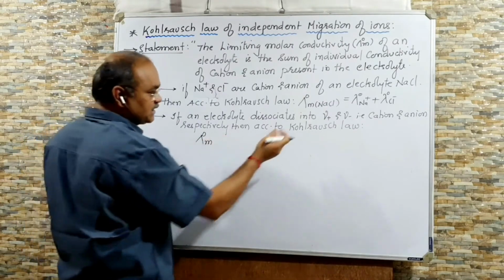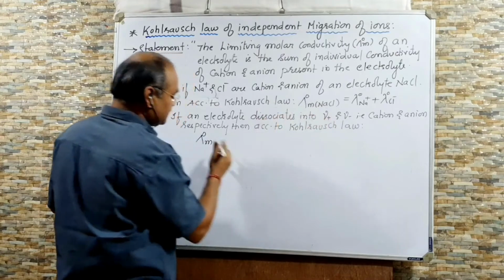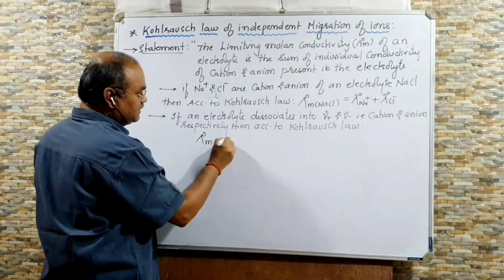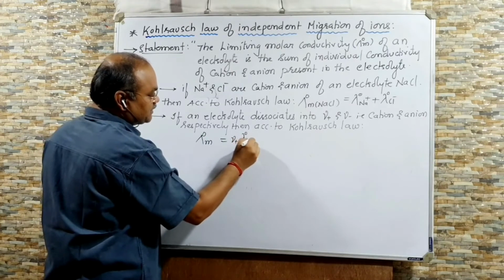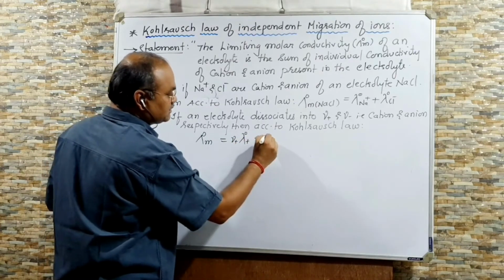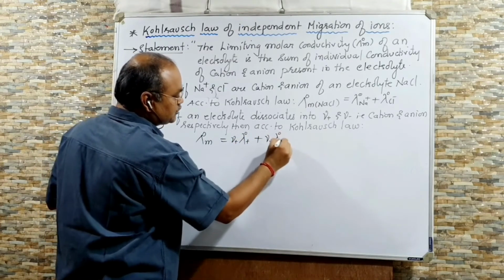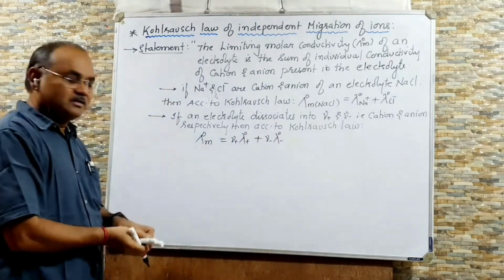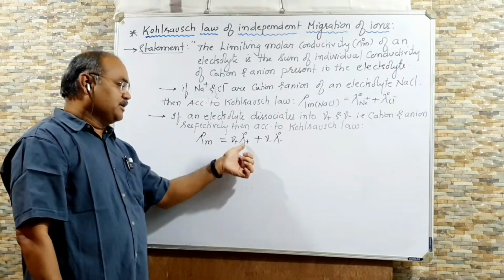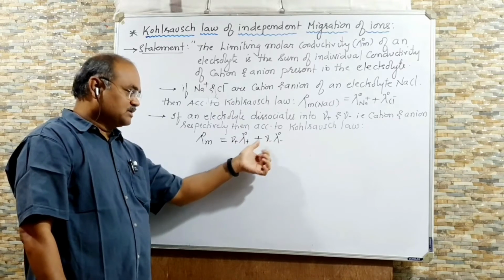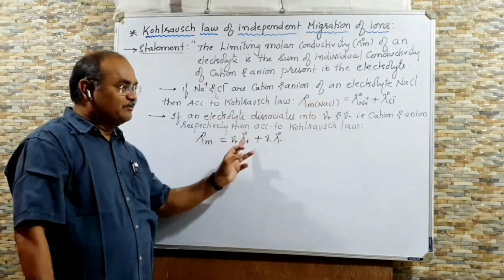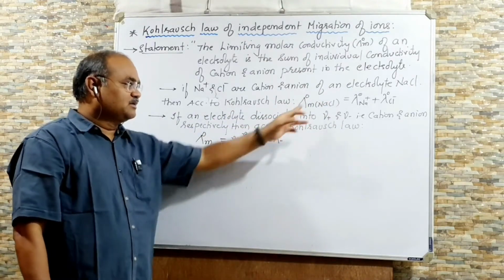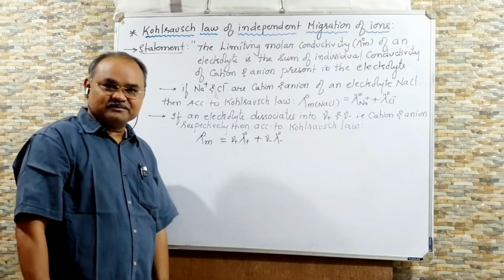I don't know what is the electrolyte, but we know the cation and anion. So lambda 0 m of an electrolyte is equal to nu plus lambda 0 plus nu minus lambda 0 minus. So this is called ionic conductivity of cation plus ionic conductivity of anion. So both are the same. This is in general and this is for NaCl.